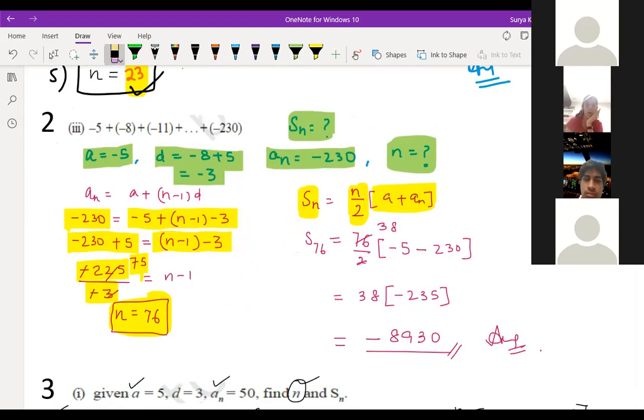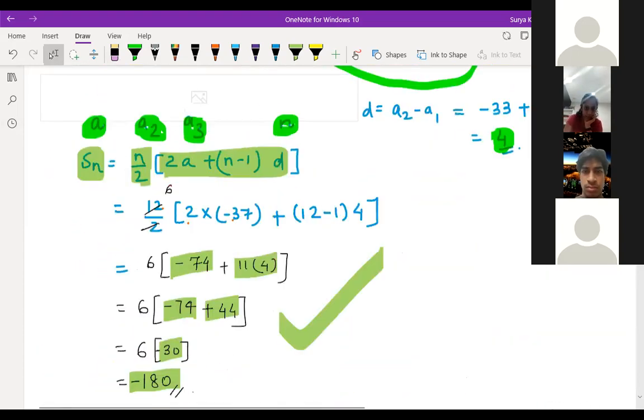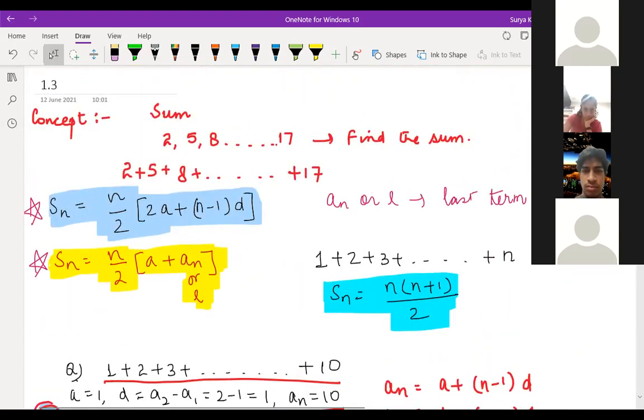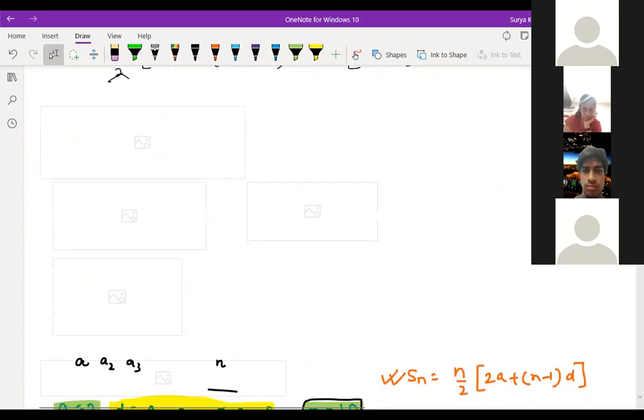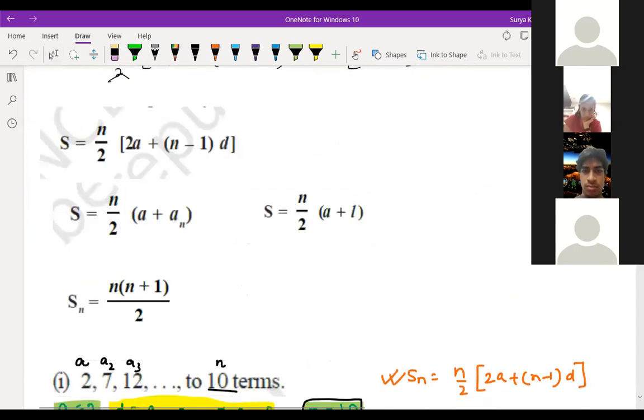Sir, how did we get the Sn formula with n by 2? See, in the first day only we have read these two formulas. This was the first formula, and the second formula we read was this one, right?